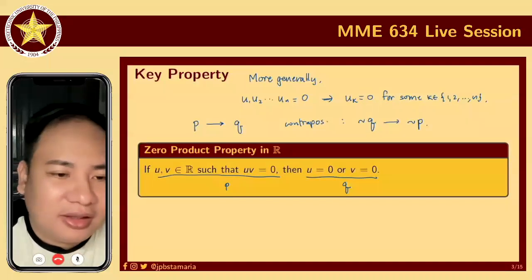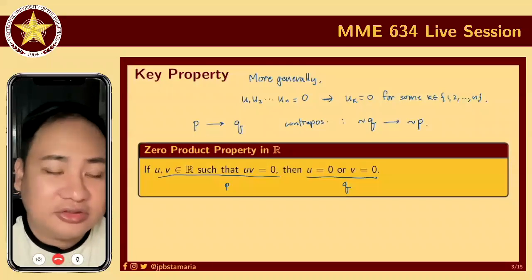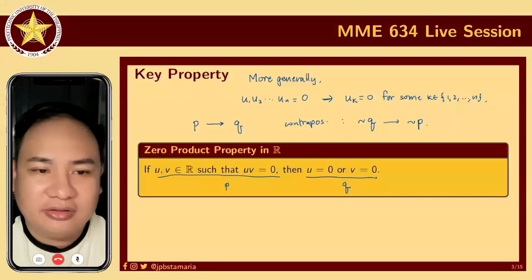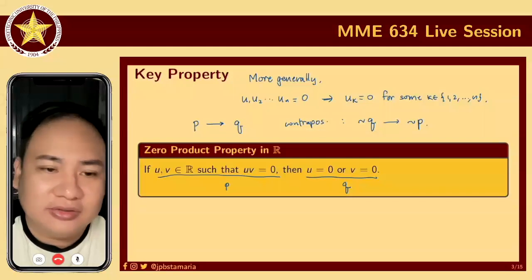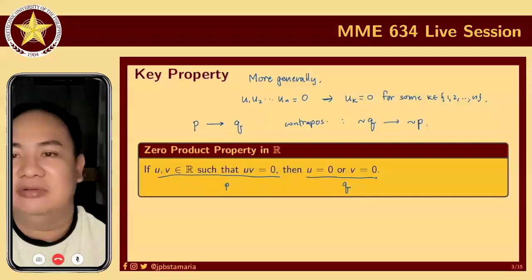Ang contrapositive nun, i-negate mo yung conclusion and then i-imply mo yung negation ng premise. So, for example, if it rains, then I will wash my car. So, ang contrapositive niya, if I won't wash my car, then it will not rain. Parang ganon. So, in this example, can you tell me the contrapositive?